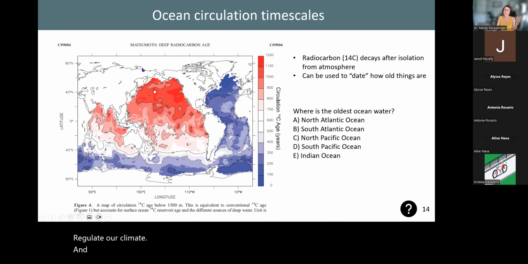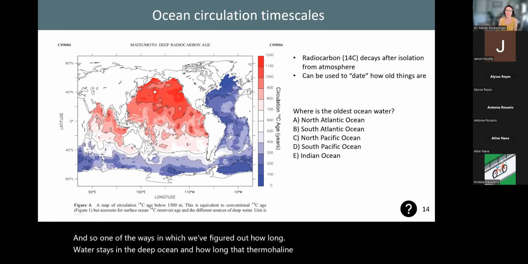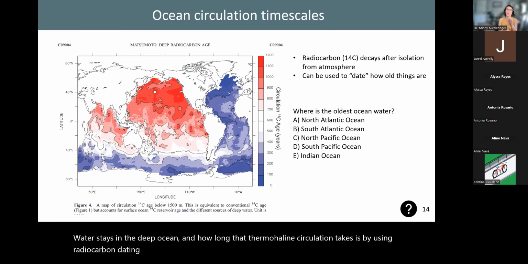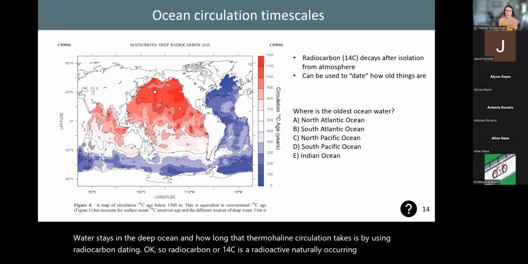One of the ways we've figured out how long water stays in the deep ocean, and how long that thermohaline circulation takes, is by using radiocarbon dating. Radiocarbon, or 14C, is a radioactive, naturally occurring element in our Earth system.